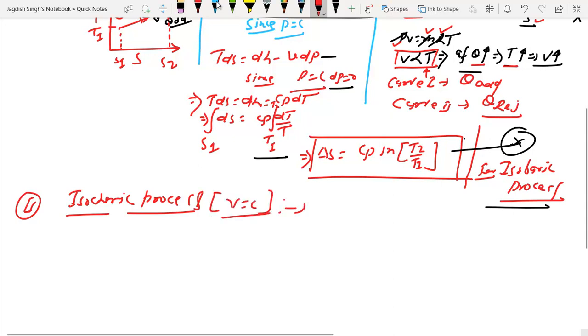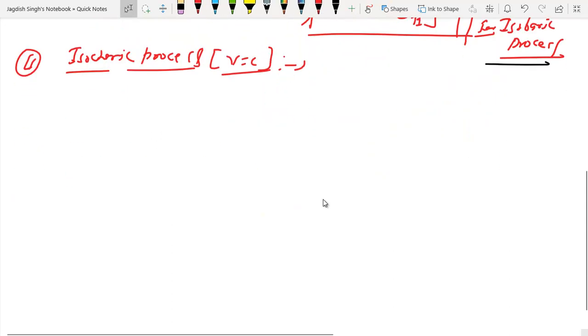We already know this one. And on the PV plot, there will be two curves, let us say this 1 and 2. In process 1, what will be happening? In process 1, heat is added.